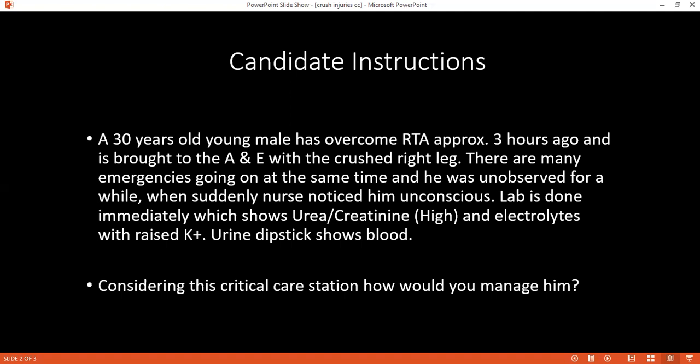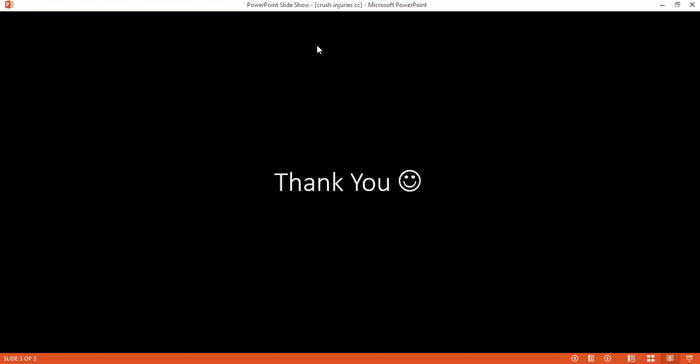How else can you manage, or if you fail to manage hyperkalemia, what is the last resort that you can do? Last resort is dialysis, hemofiltration, renal replacement therapy. Good. Thank you.